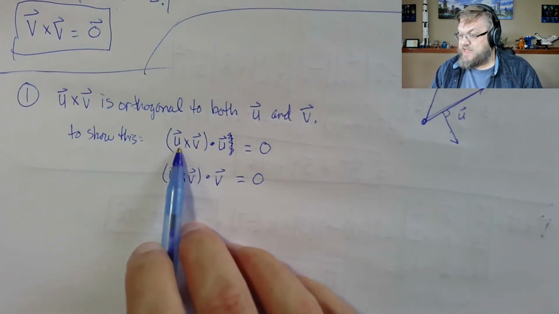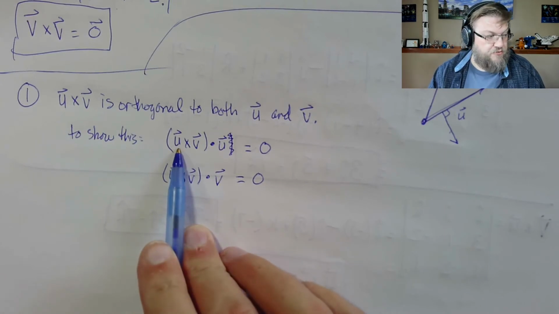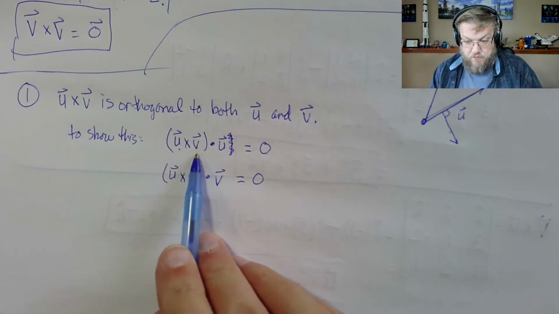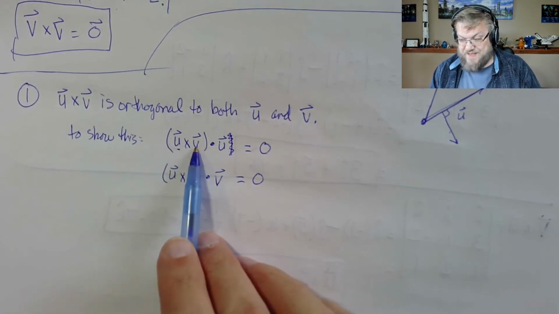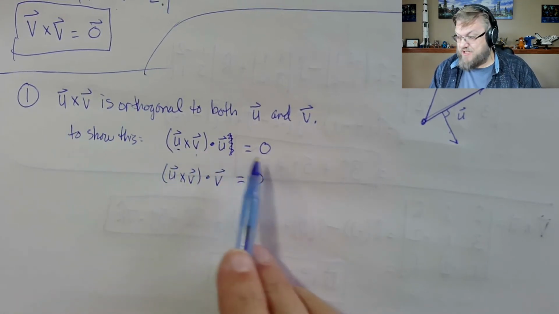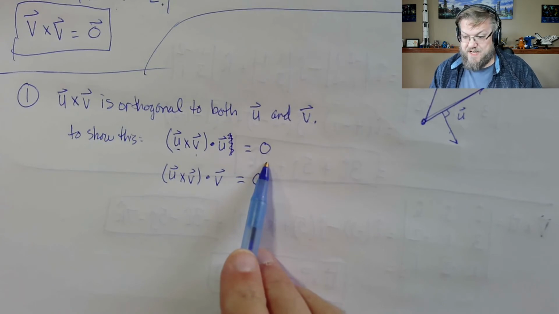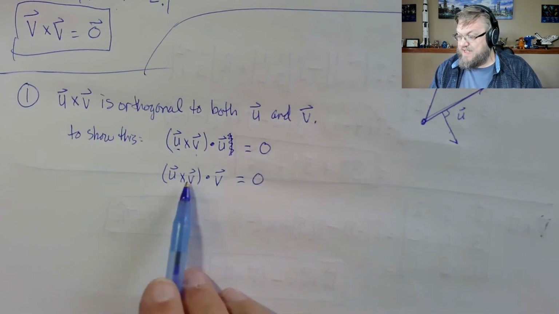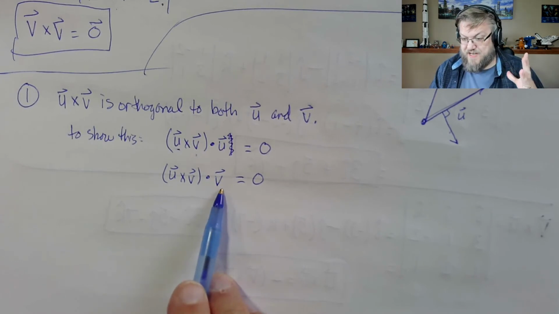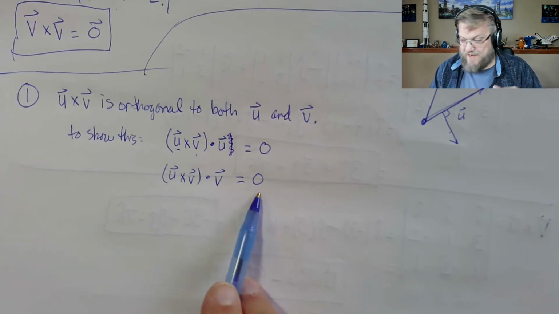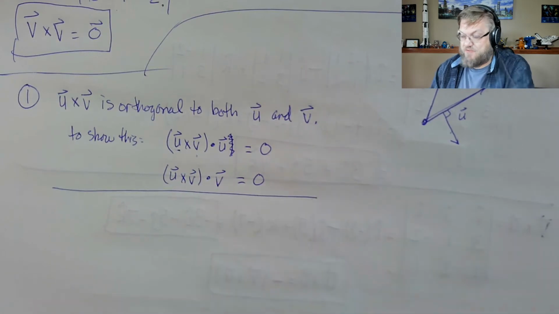All you have to do is take a u, which is u1, u2, u3, and a v, which is v1, v2, v3. Go ahead and take their generic cross product, and then dot that vector with u, and you'll notice it all wipes out and gets you 0. U cross v, same thing. Dot it with v, it all cancels out, and gets you 0. All right? But that's how you would demonstrate that it's true.